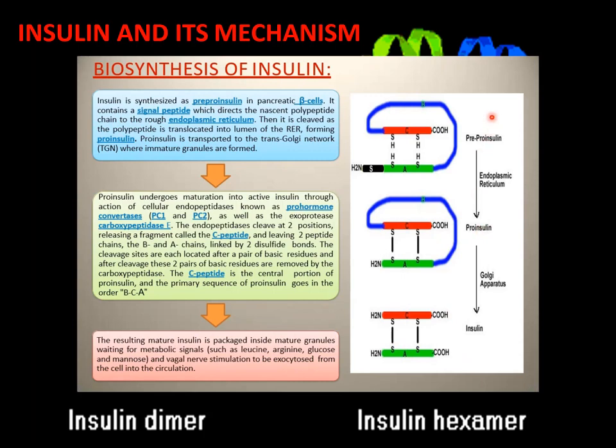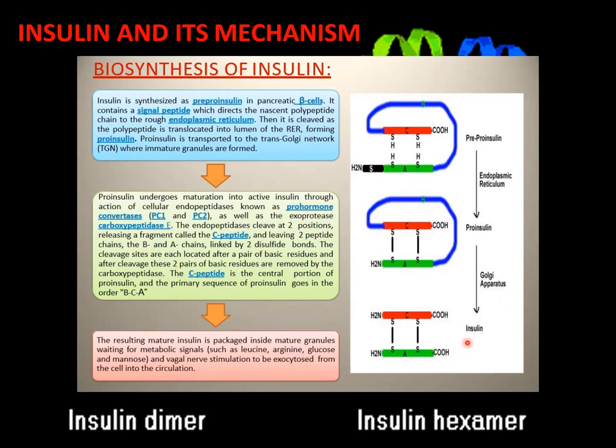So preproinsulin is converted in the endoplasmic reticulum to proinsulin, forms disulfide bridges, and produces active insulin.